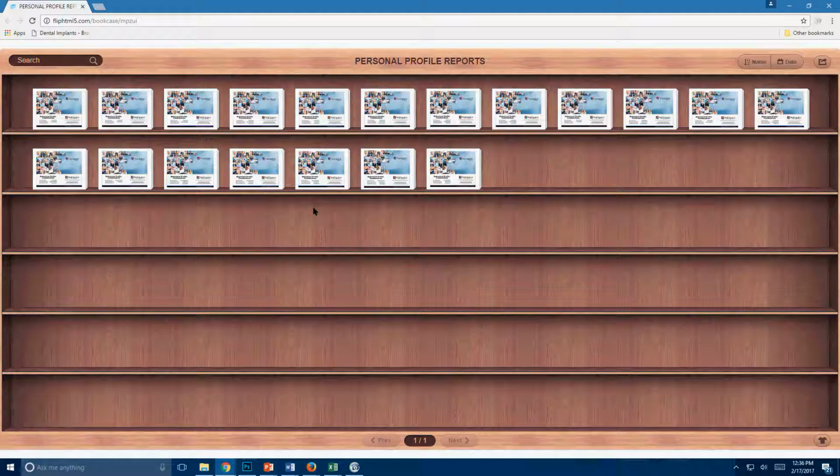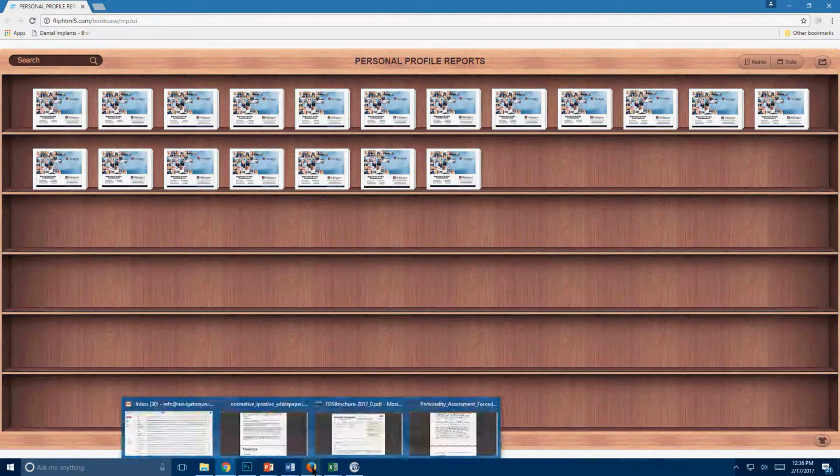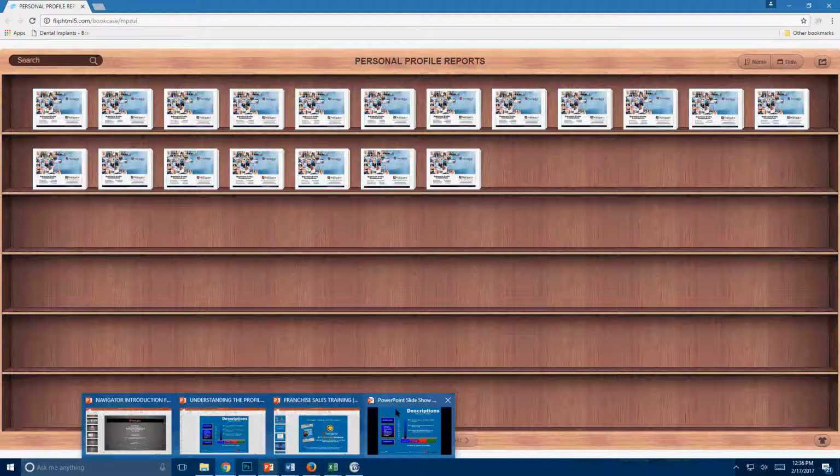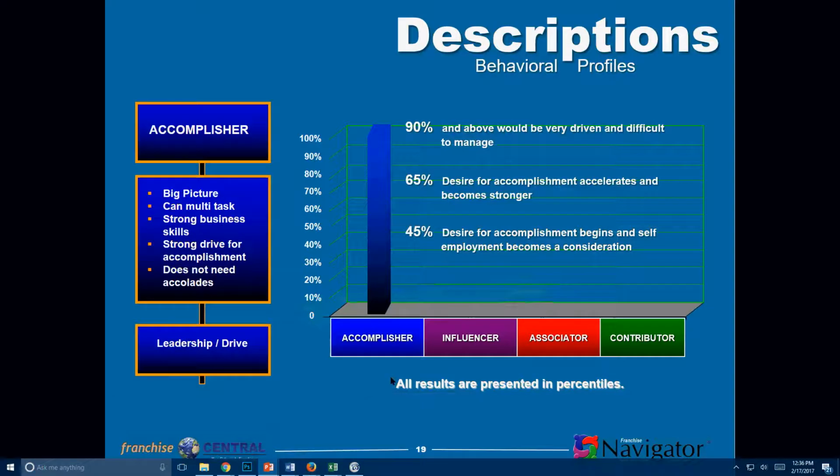So you'll have an entire library of all the personal profile reports at your disposal. The clients absolutely love that, because if you've got a candidate that's a dominant associator, accomplisher, contributor, you can access the report and get the insights.